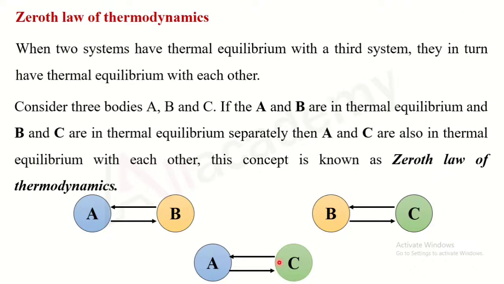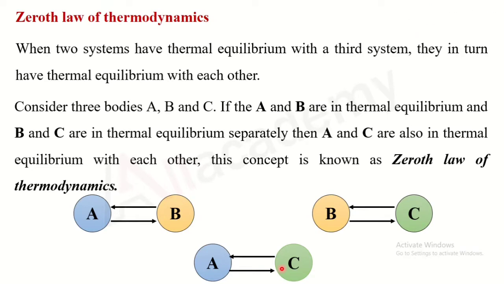In simple words, the mutual friend you are observing is the third person in equilibrium. So A and B, you are friends, and you are a friend with some other person, and it is showing some mutual friends. That is the zeroth law of thermodynamics. A and B are in thermal equilibrium, B and C are in thermal equilibrium, then A and C will be in thermal equilibrium. This is the zeroth law concept.